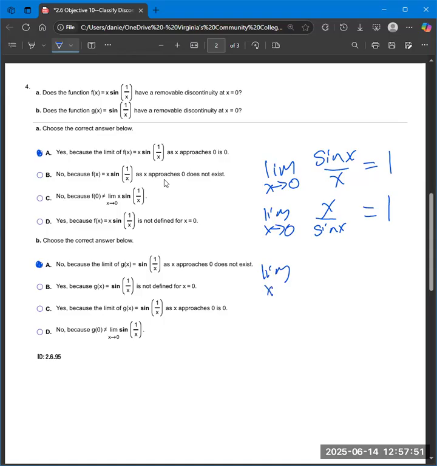The limit as x goes to 0 of 1 minus cosine x over x is 0, and the limit as x goes to 0 of cosine x minus 1 over x is 0. Those are some special limits where you would normally get 0 over 0 if you just did direct substitution, and you can't get rid of the discontinuity by factoring. So you have to memorize these special trig limits.